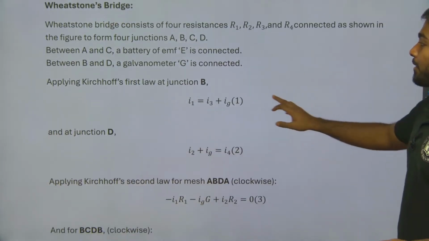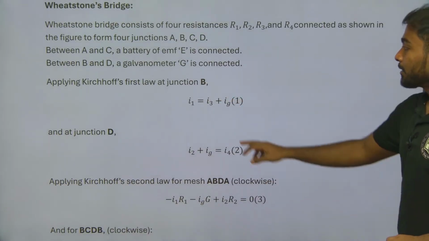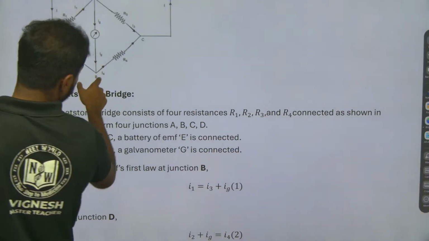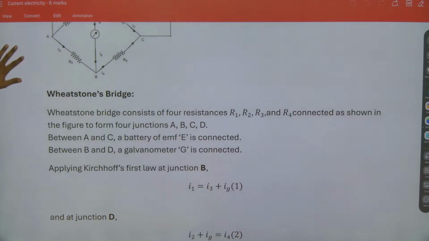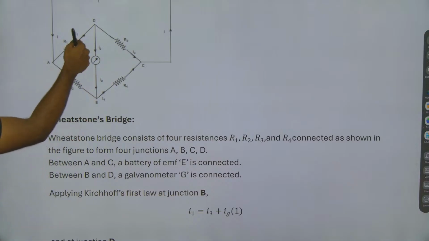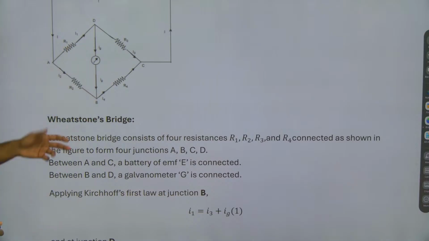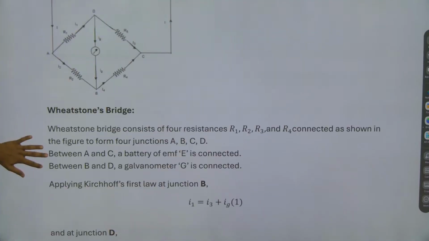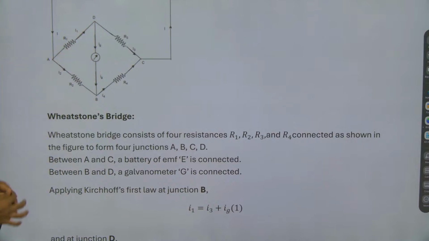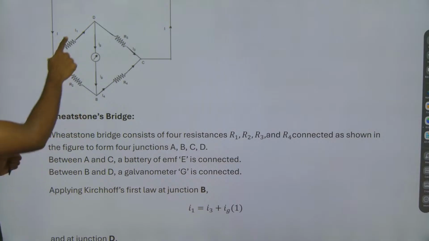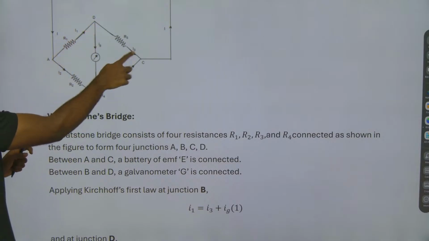Now we are applying Kirchhoff's first law at junction B. This is my junction B. At this point, I1 is coming inside, Ig and I3 are going outside, so I1 will be equal to Ig plus I3.